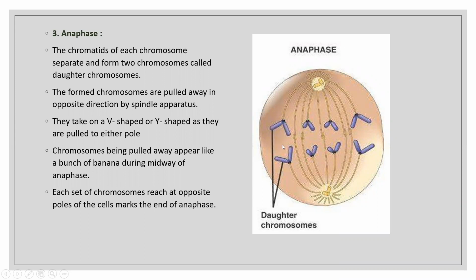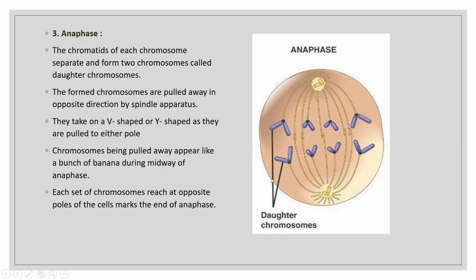The chromosomes in the metaphase, the centromere of the chromosome gets divided into two, and these two chromosomes are called daughter chromosomes. So the spindle fibers pull the daughter chromosomes towards the opposite poles. They take on a V shape or Y shape as they are pulled to either pole.